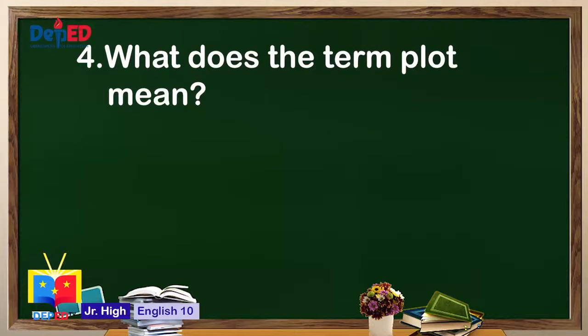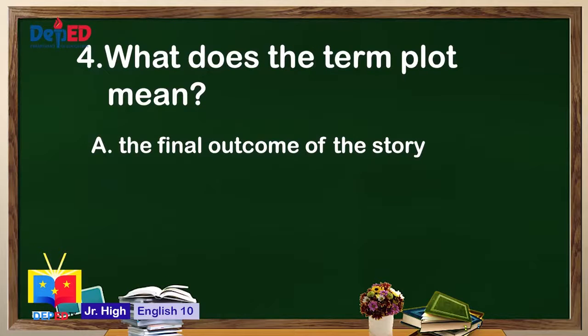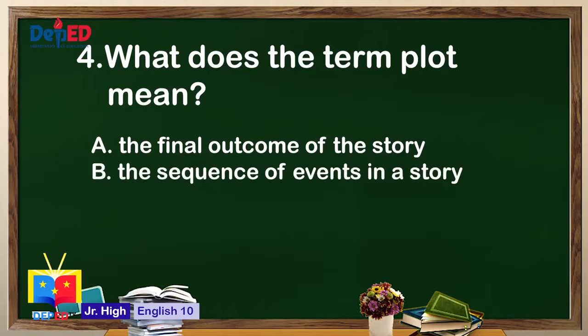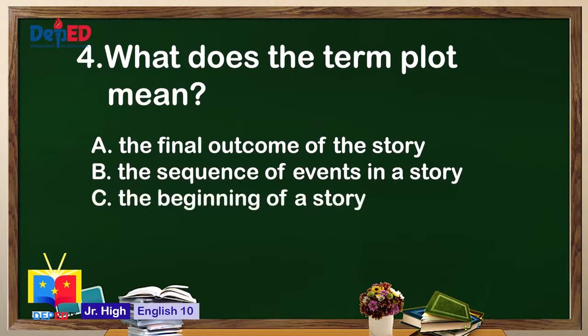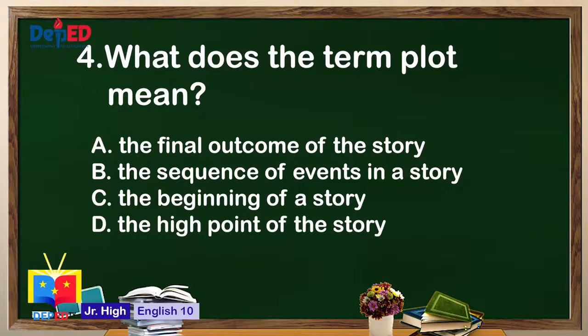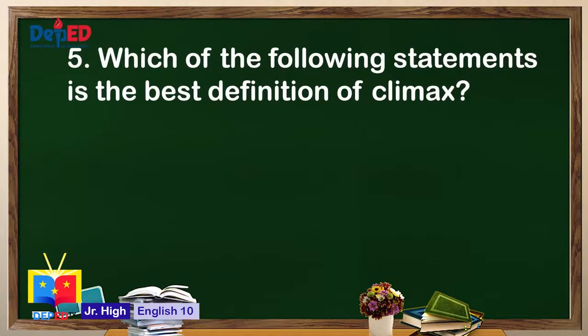Number 4. What does the term plot mean? Letter A. The final outcome of the story. B. The sequence of events in a story. C. The beginning of a story. D. The high point of the story. Number 5. Which of the following statements is the best definition of climax?